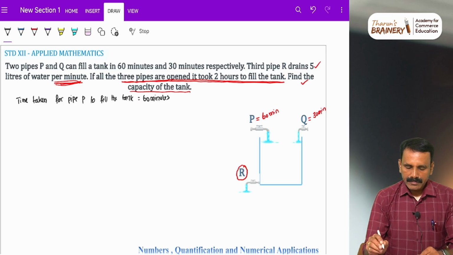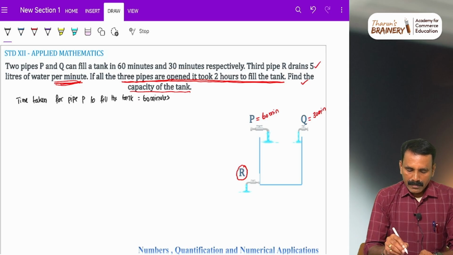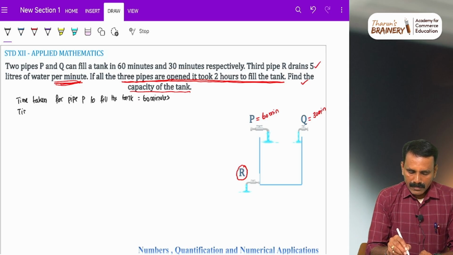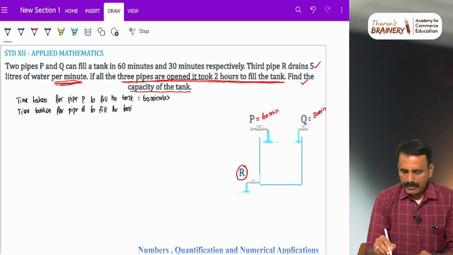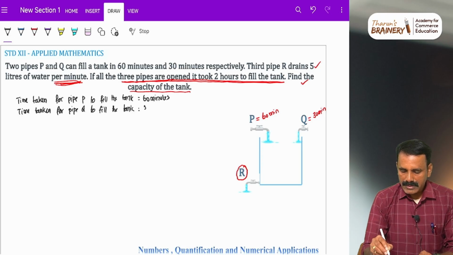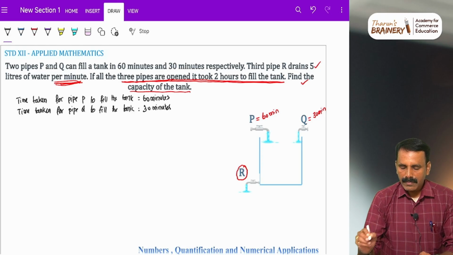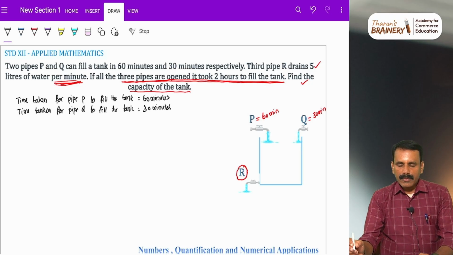Okay. Time taken for pipe Q to fill the tank when they are operated alone will be 30 minutes. Okay.